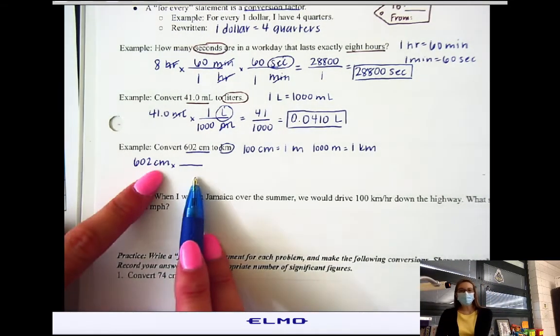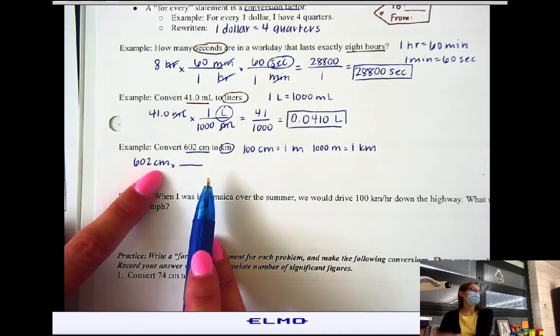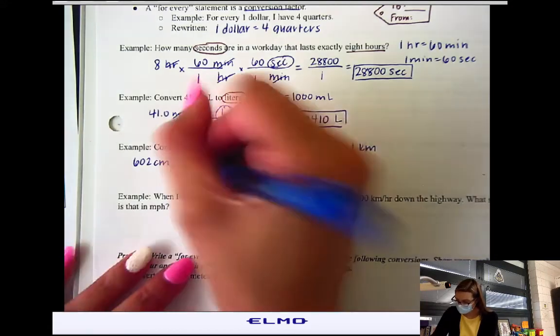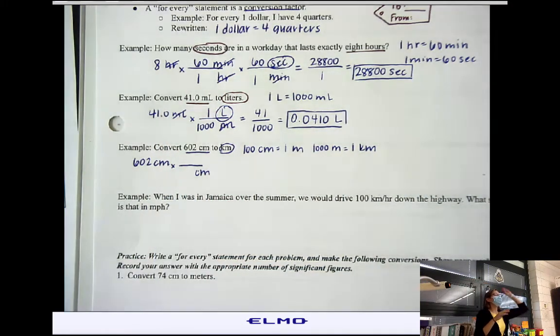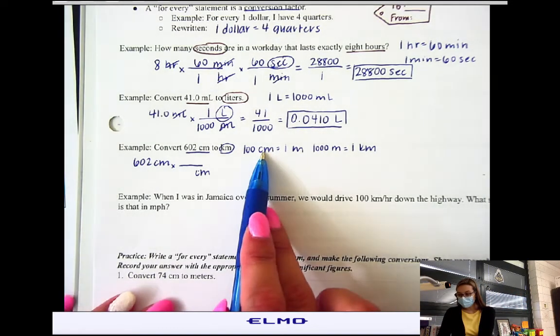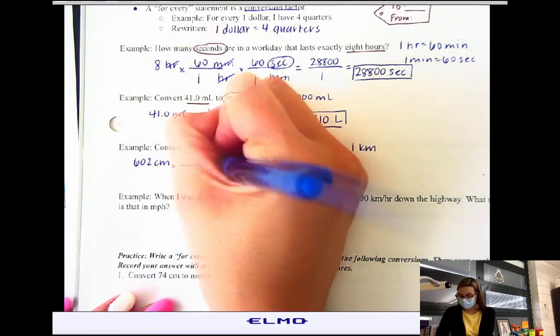So to start, what unit do I want to put on the bottom? What unit do I want to cancel? Centimeters. So centimeters is going on the bottom because you have to have 1 unit on top and 1 unit on bottom to cancel. Now we know from centimeters we cannot go directly to kilometers. We need to go to meters in between.